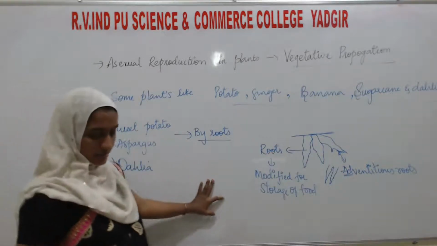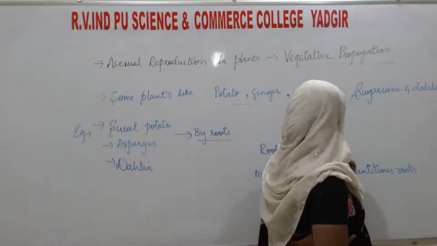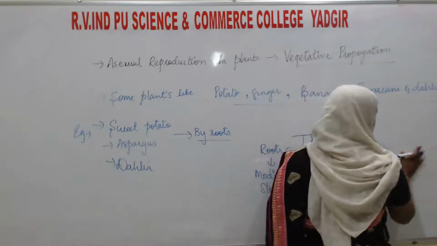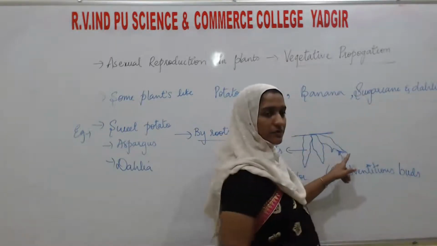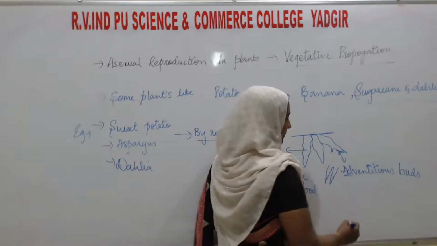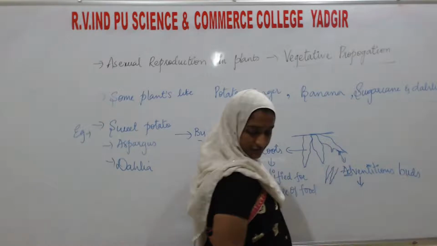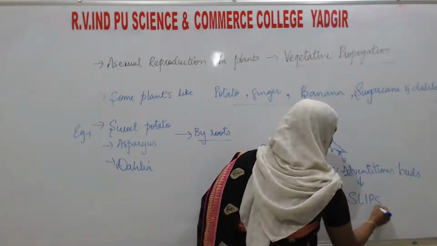Here, those adventitious roots or adventitious buds will get detached from the main root and form a new plant body, which is known as the slips.